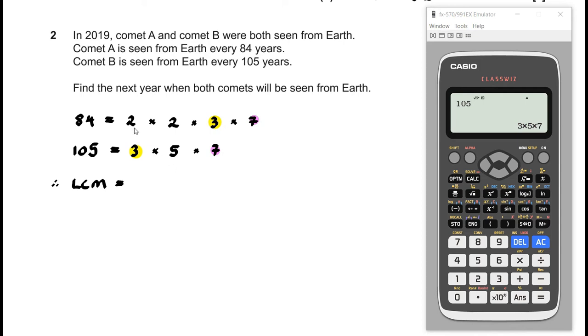So for the lowest common multiple, we've got 2 times by 2 times by 5 times by 3 times by 7, and if we work this out, we would get 420 years.